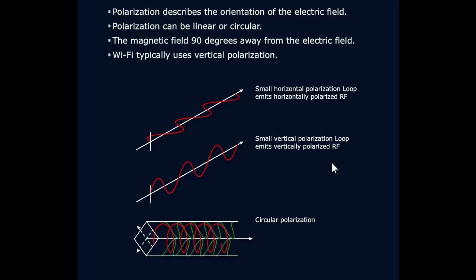There's a difference between north and south. There's a difference between left and right. There's a difference between a vertical wave and a horizontal wave. And there's also another type of polarization called a circular polarization that actually moves around a center axis. But the type of polarization that we typically see with wireless is actually this one right here, a vertical polarization loop.